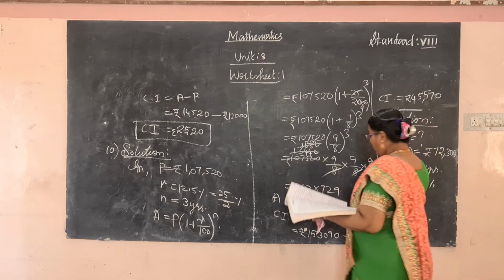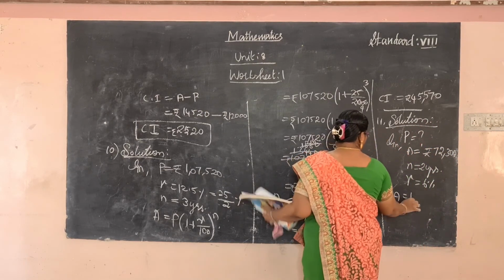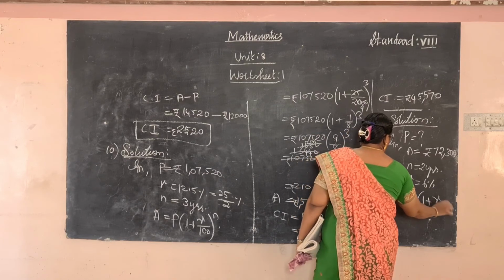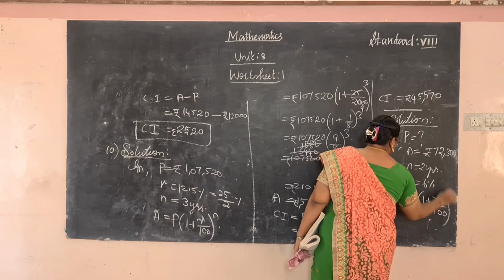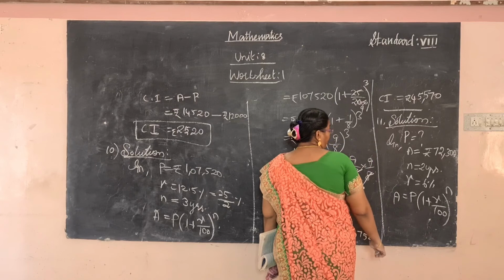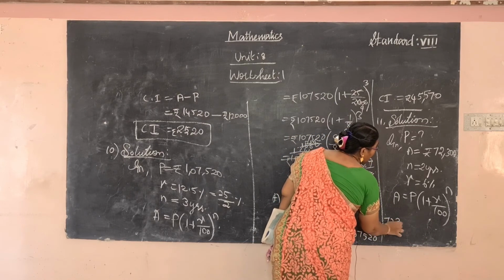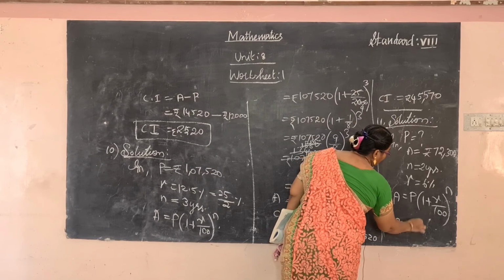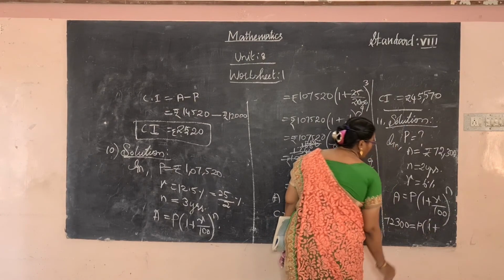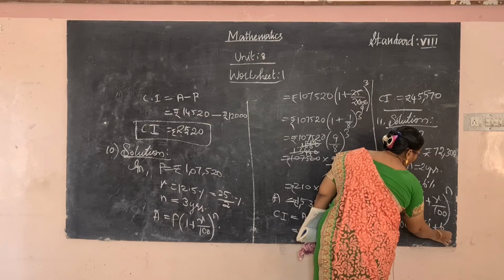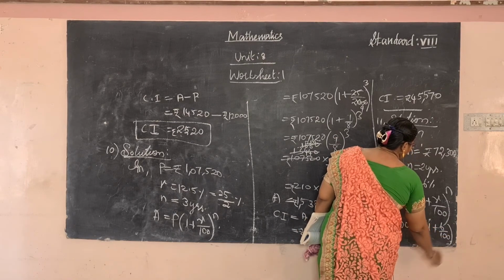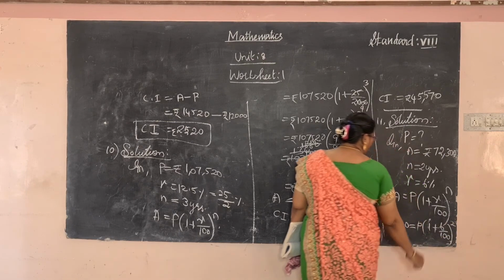Okay, the formula, accumulated factor: A is equal to P of 1 plus r by 100, the whole power n. Okay, now I substitute the values. 72,300 is equal to P of 1 plus the r value, which was 6, so 6 by 100, the whole power, n value was 2.